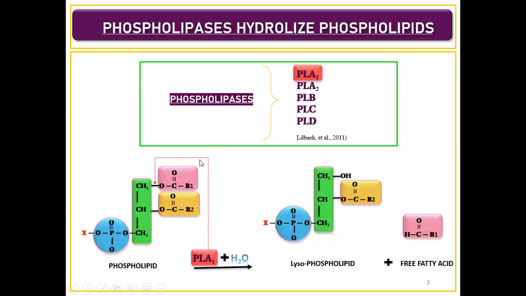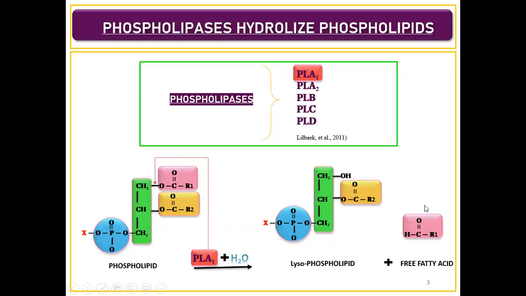For this work, I worked with phospholipase A1. So I'm going to show you how it works. We have the phospholipid and the phospholipase, and of course we have to have the presence of water. When this happens, we get a lysophospholipid plus a free fatty acid.